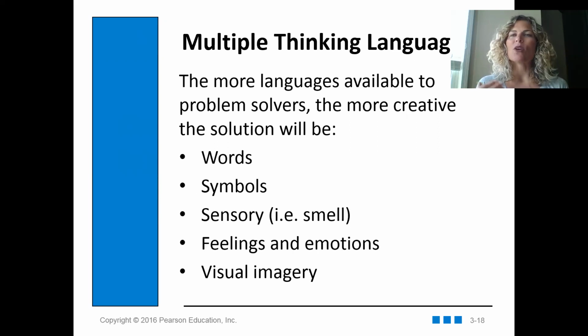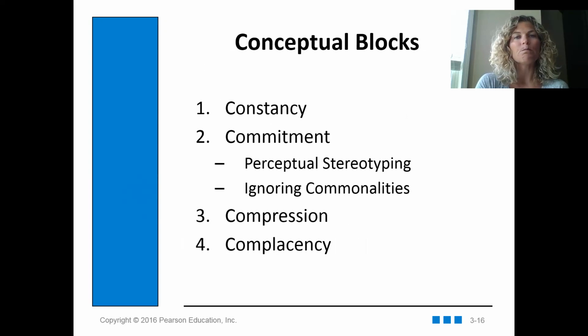Using music or a tune to help us remember words, or a sentence to help us remember the order that the planets are in. All these different things are ways to think differently, to help us remember things. And so that's really this idea of multiple languages, being willing to use more than just words in our definitions of problems and in our solutions to how to solve those problems.